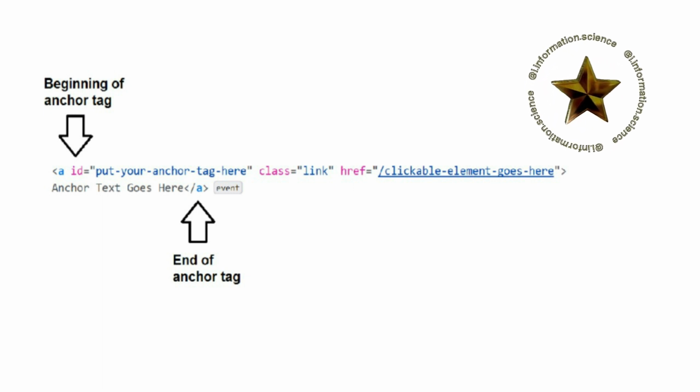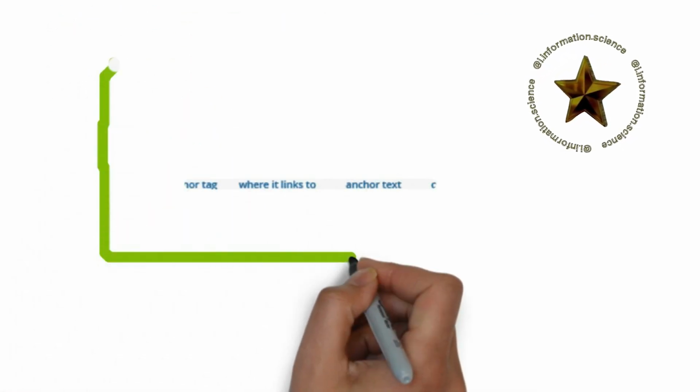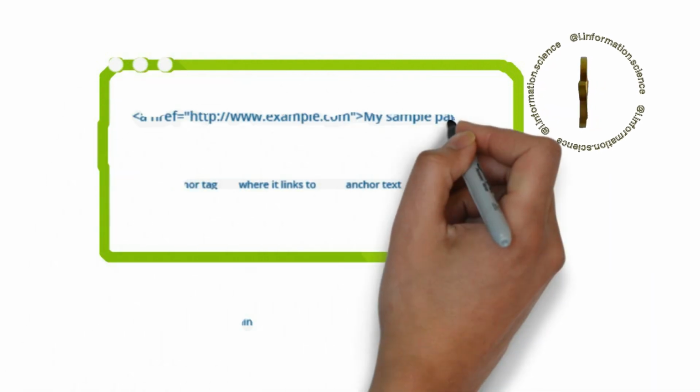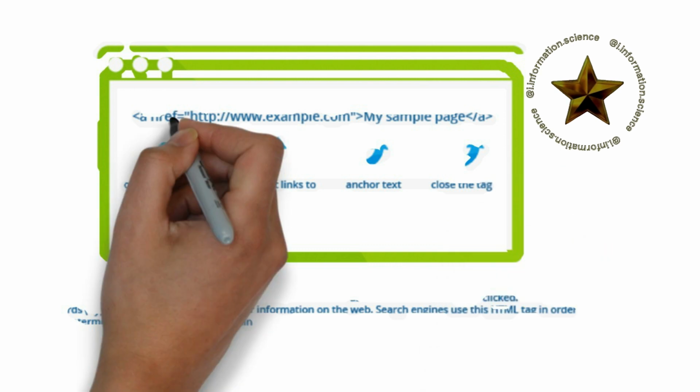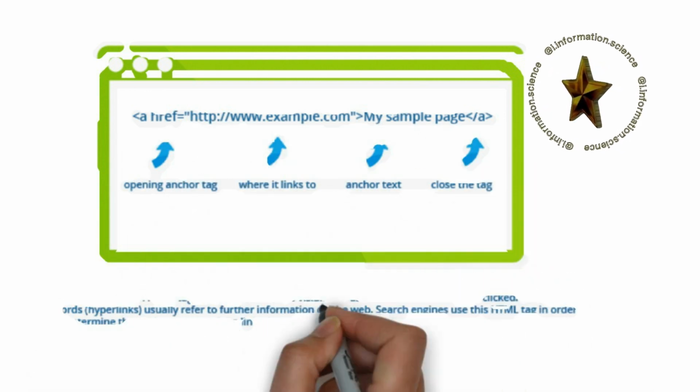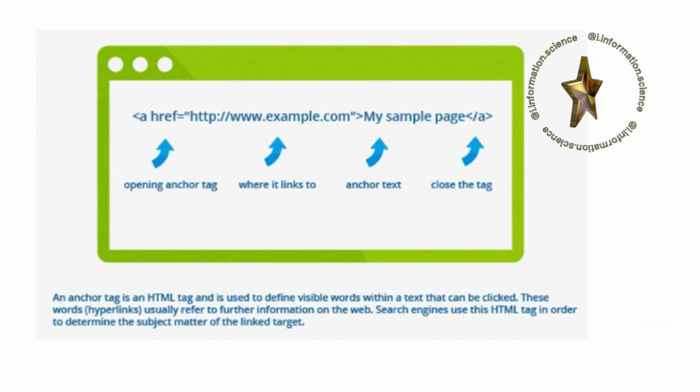The anchor tag must have both opening and closing tags, with the content between them forming the anchor source. You can use the href attribute within the anchor tag to specify the target or destination for the link, typically a URL. It is essential to understand how to use anchor elements effectively to create well-structured and user-friendly websites.